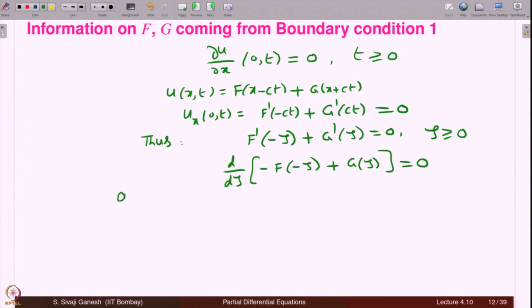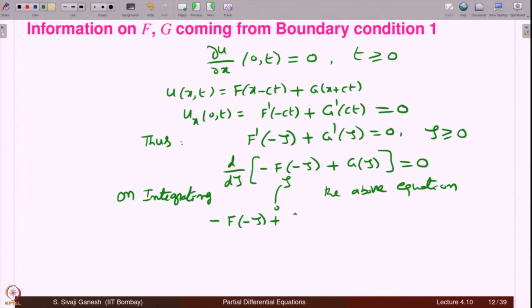Now on integrating from 0 to zeta the above equation, of course it is a derivative equal to 0, the fundamental theorem of calculus will give you minus f of minus zeta plus g of zeta plus f of 0 minus g of 0 equal to 0.